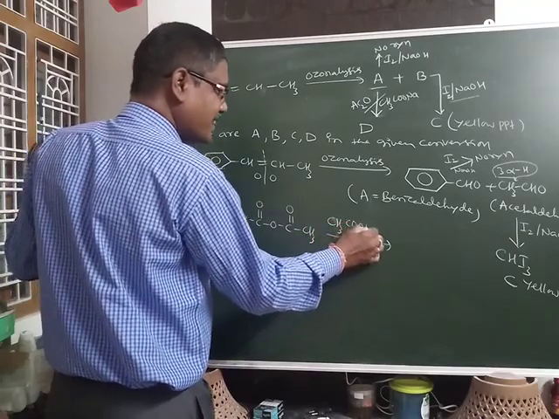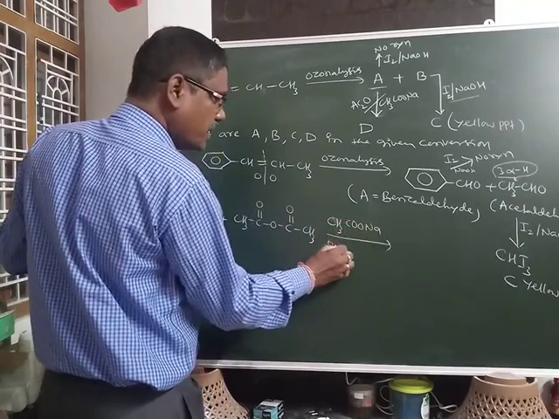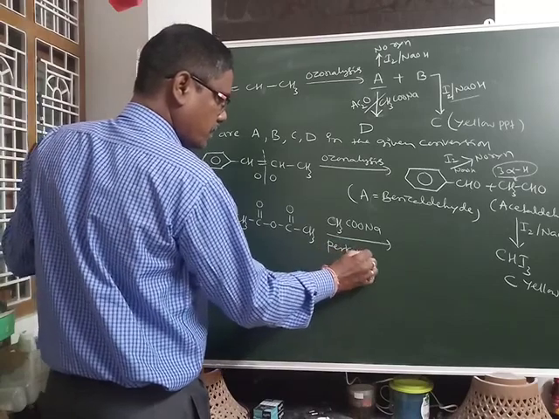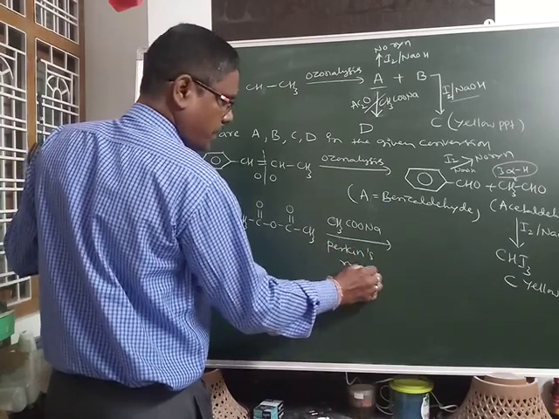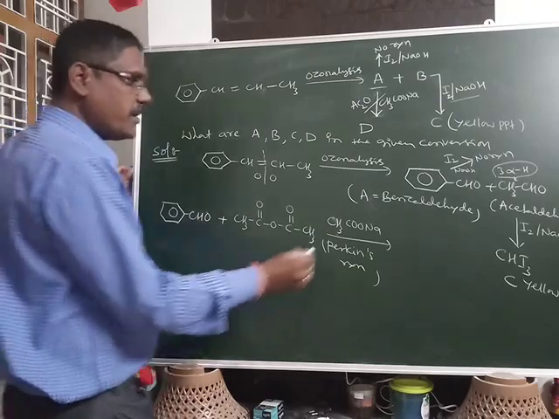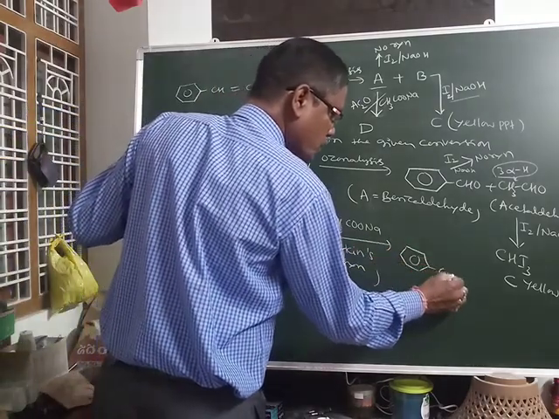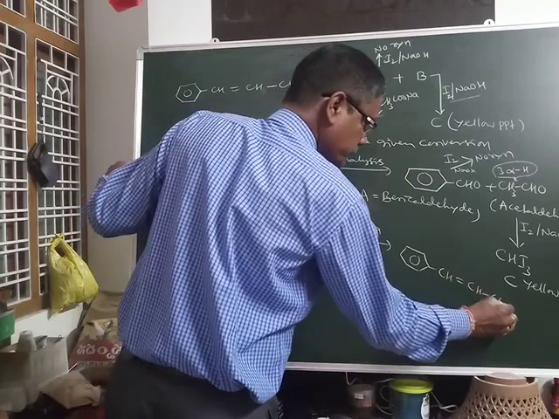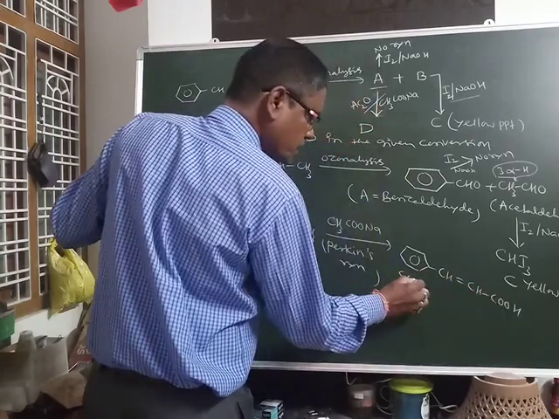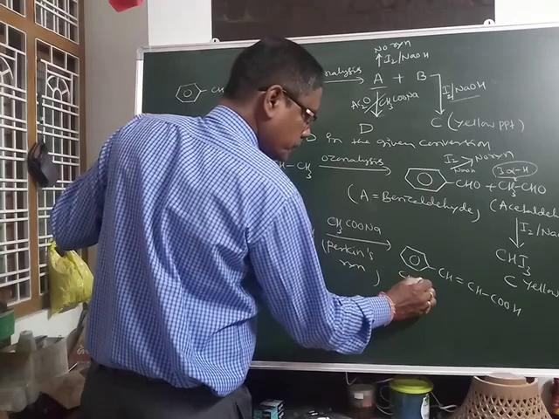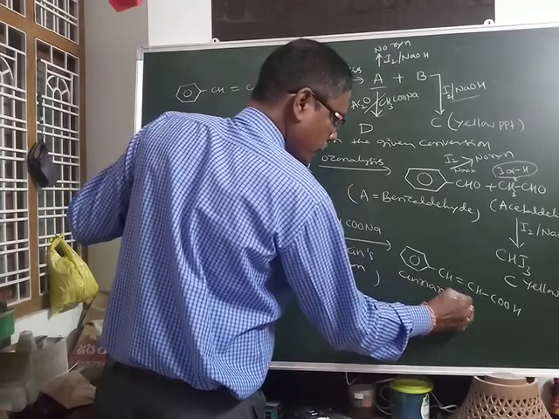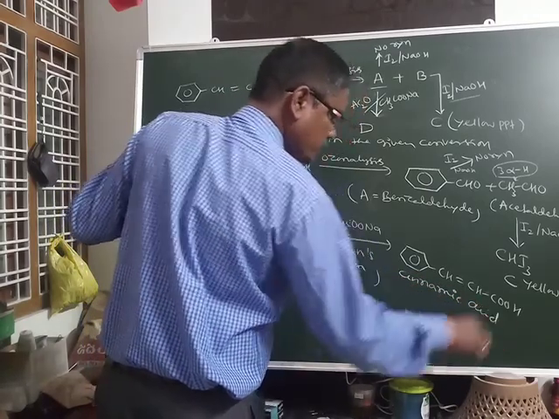This is the Perkin condensation. In Perkin's reaction, we obtain alpha beta unsaturated carboxylic acid. This is cinnamic acid.